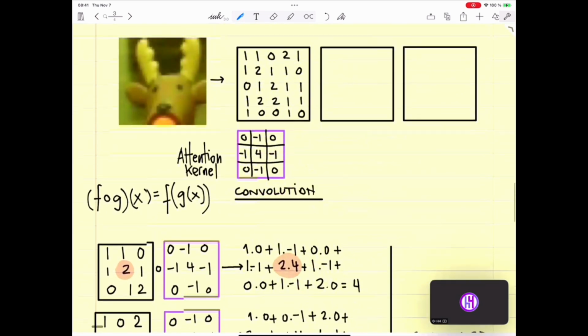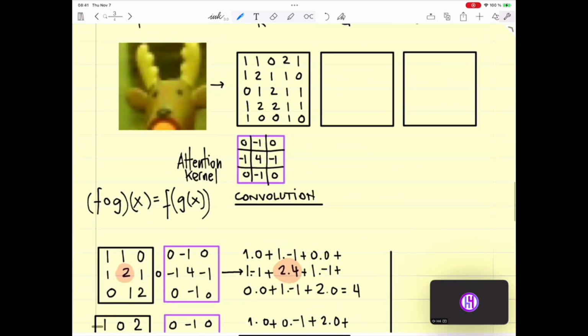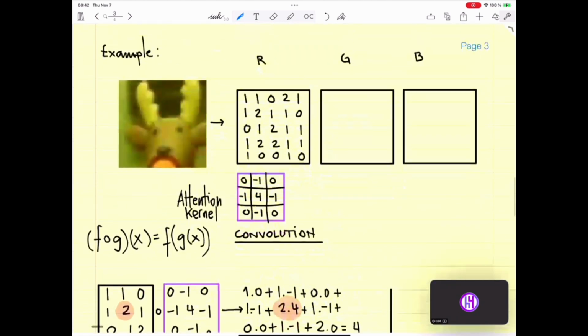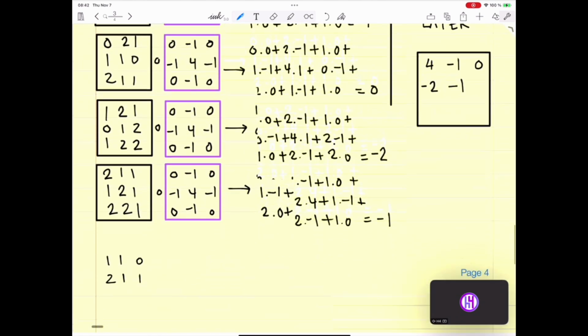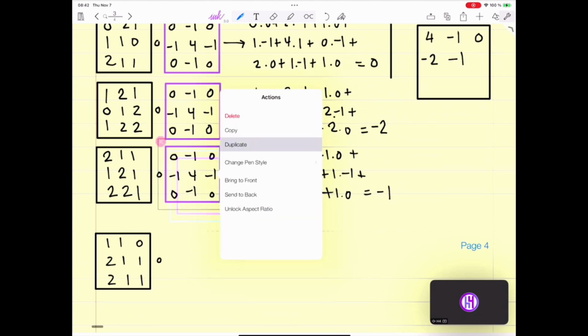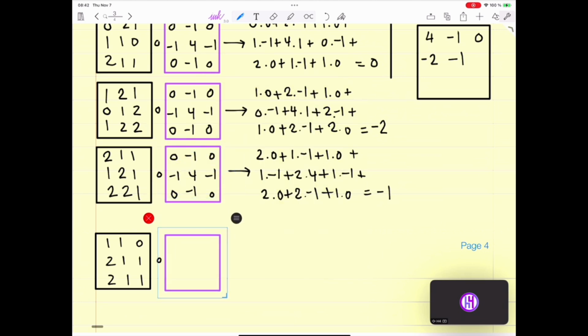And then 1, 1, 0; 2, 1, 1; 2, 1, 1, convolved with 0, minus 1, 0, minus 1, 4, minus 1, 0, minus 1, 0.